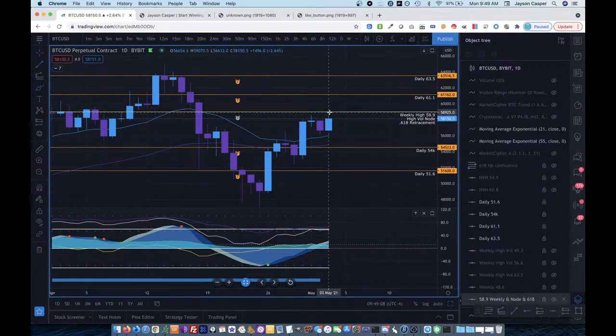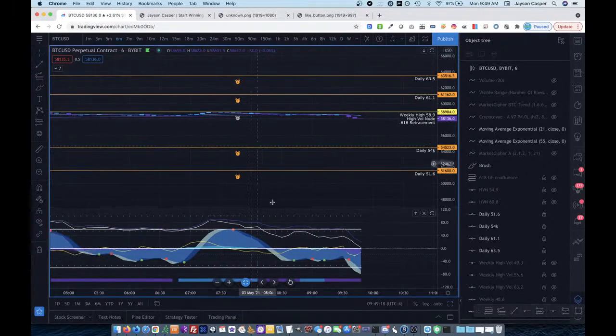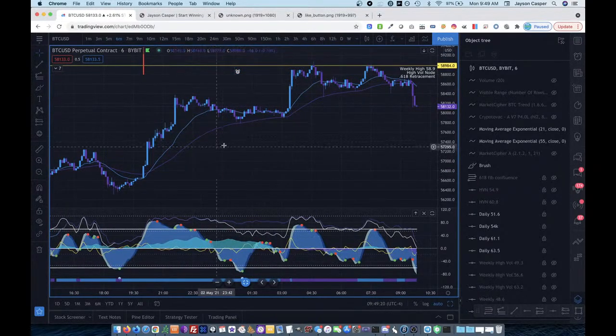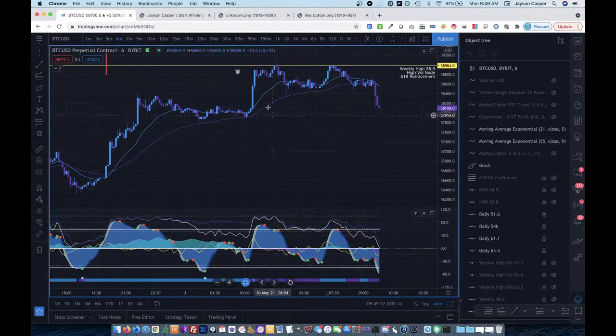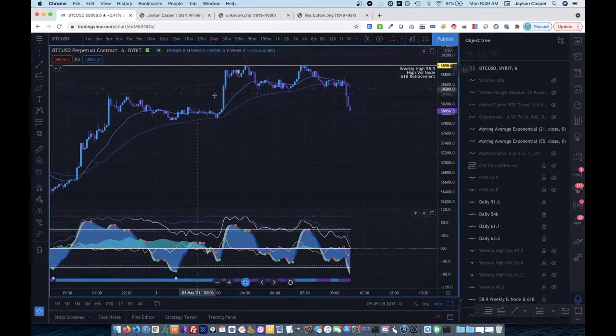Just to clarify, how are we going to enter the short? How are we going to find trades once we mark our levels and once we get there? Just in case anybody didn't see, this is super important, y'all. When we come up to the level we're looking at, whether it be a support or a resistance, we want to see Market Cipher doing something like this.